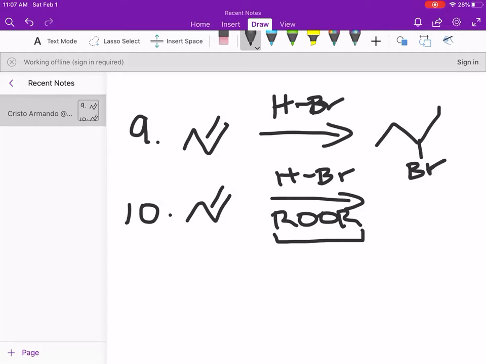And this will be explained more in depth in problem number 18. But for right now, we can just say that this is going to go in an anti-Markovnikov fashion and add on the Br on the less substituted carbon. Okay.